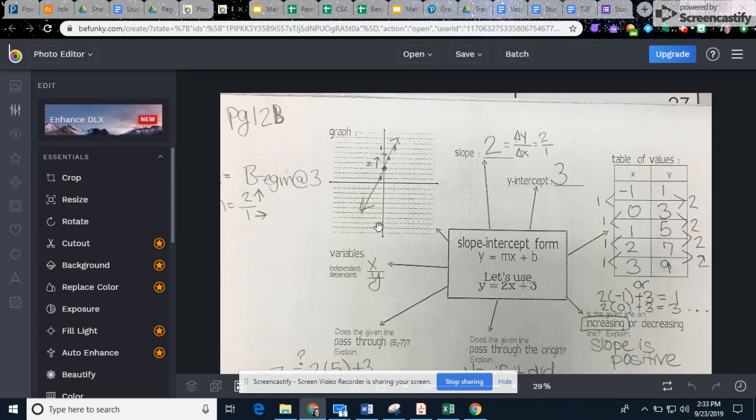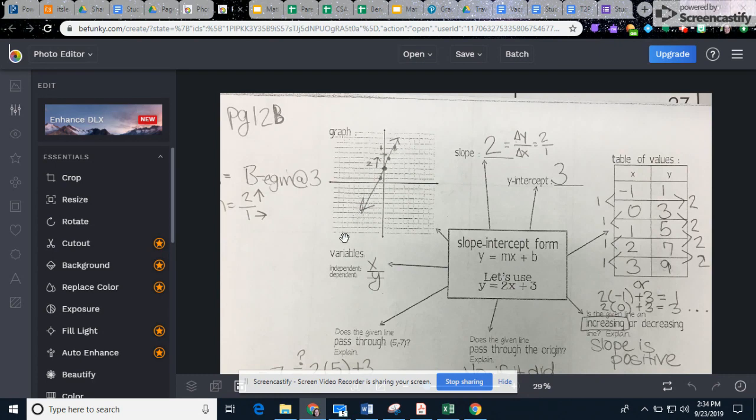It's where it crosses the y-axis. So that's where you start. And then your slope, remember the change in y is 2 and the change in x is 1. So you can go up 2 over 1. And that's how you can come up with your next point. You can continue to do that, up 2 over 1, up 2 over 1. You could go backwards, down 2 and left 1. And that will be your line.